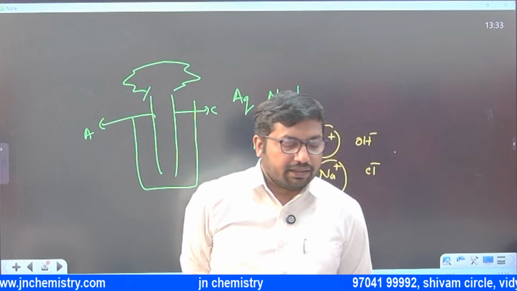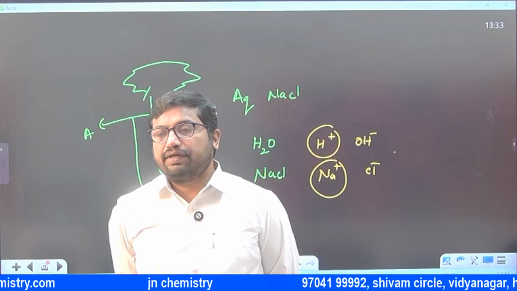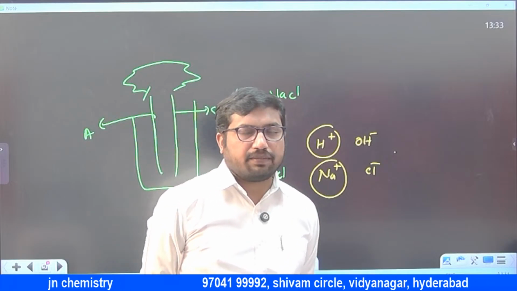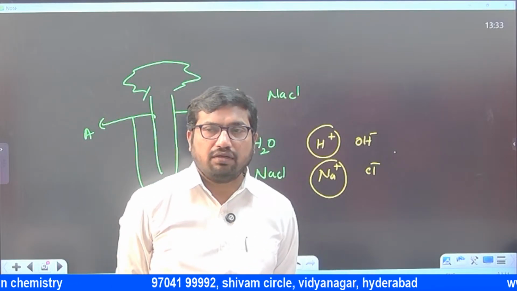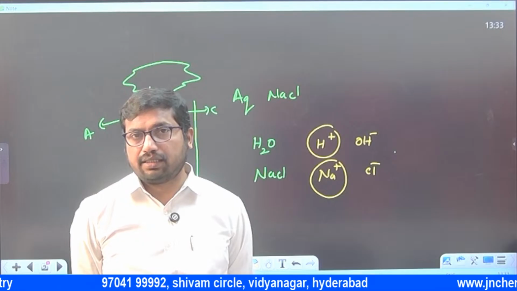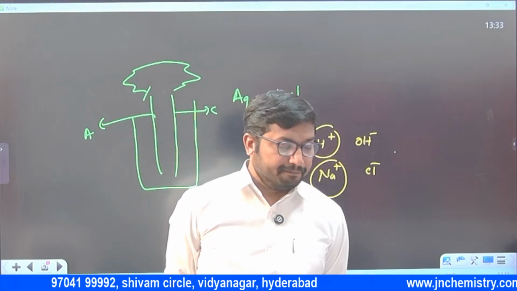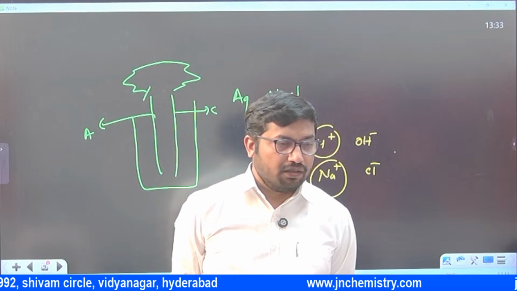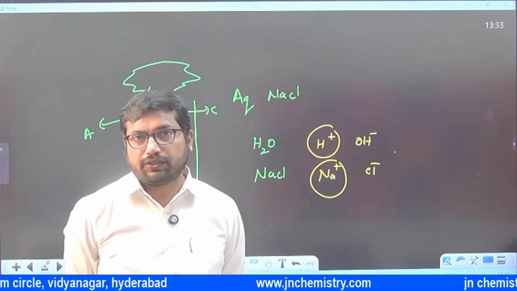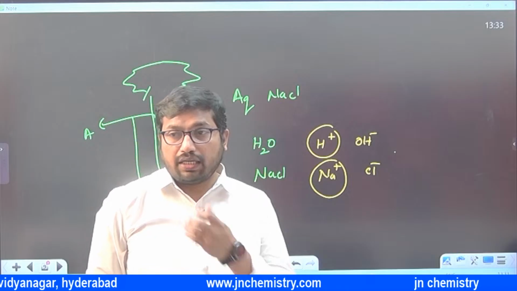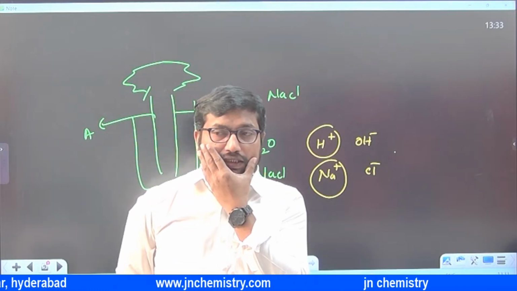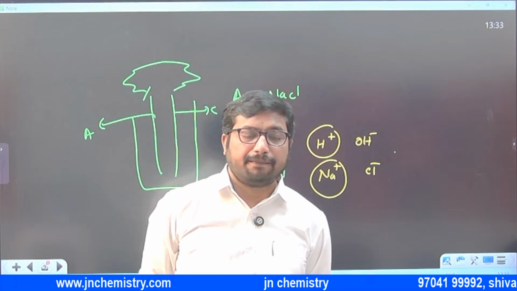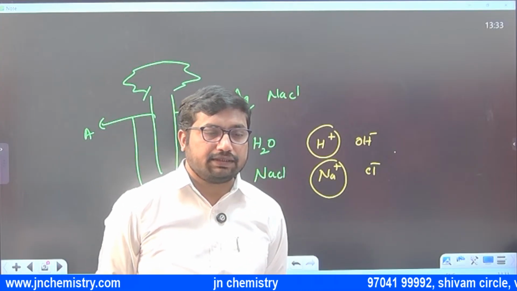According to this theory, when 2 or more ions are present at the electrode, the ion with the lowest discharge potential deposits first at that electrode.